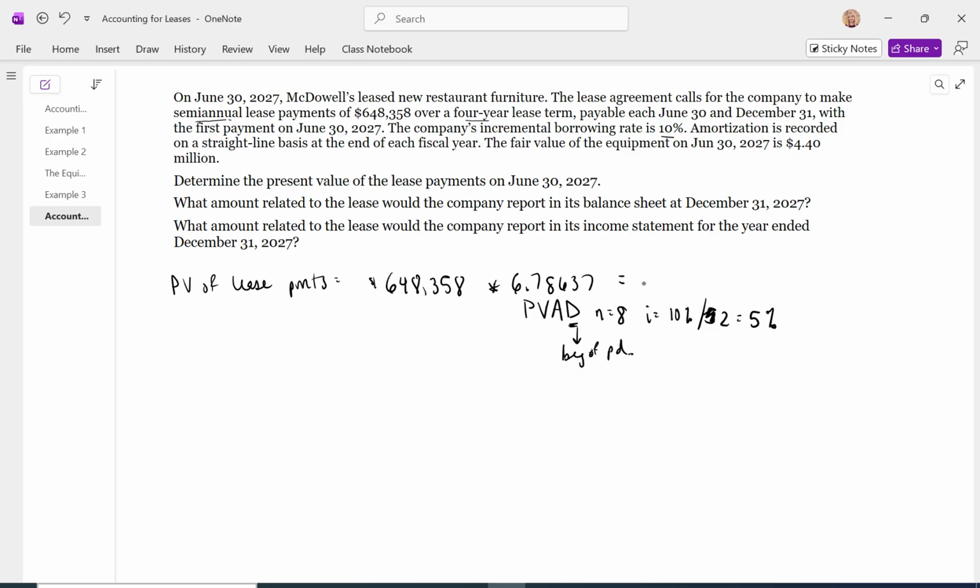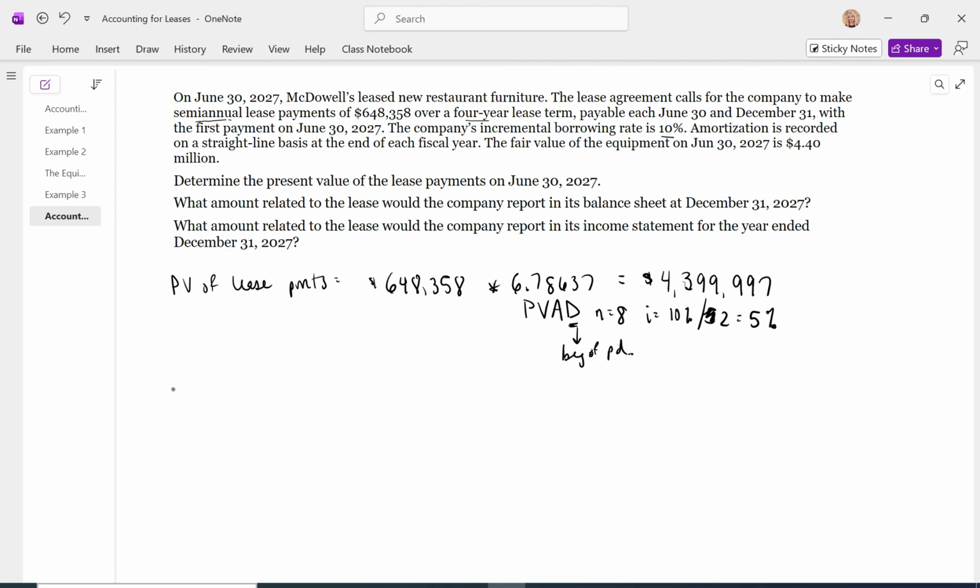Multiplied by each cash payment, I get the present value of the lease equal to $4,399,997. The fair value of the equipment is $4.4 million, so we see that this must be a finance lease. It's practically 100% of the fair value of the equipment.